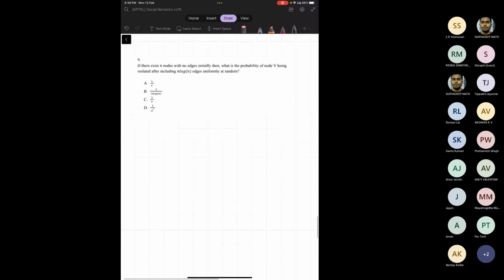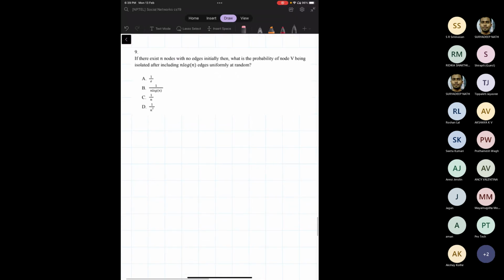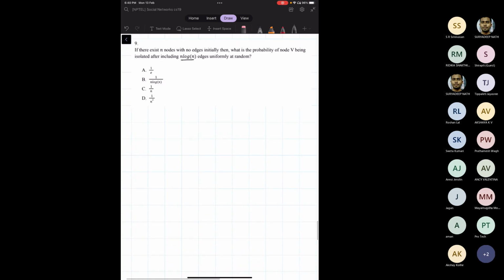So coming to question 9. If there exist n nodes with no edges initially, then what is the probability of node V being isolated after including n log n edges uniformly at random? To solve this question, first let us not look at n log n. Let us consider a graph.